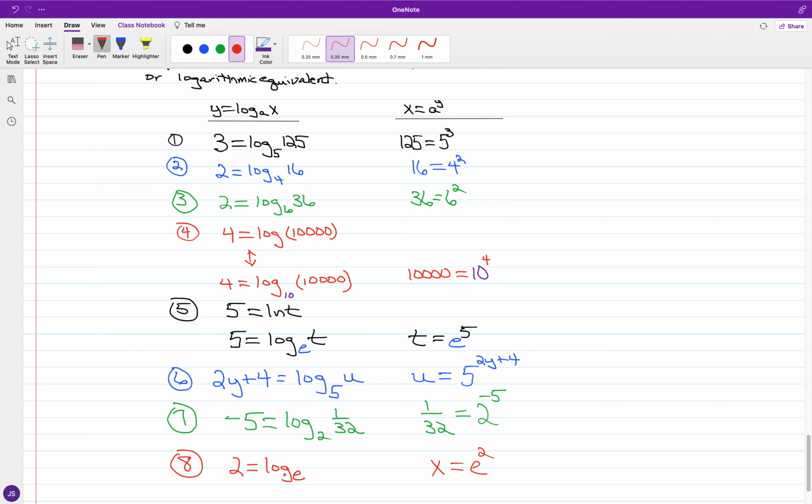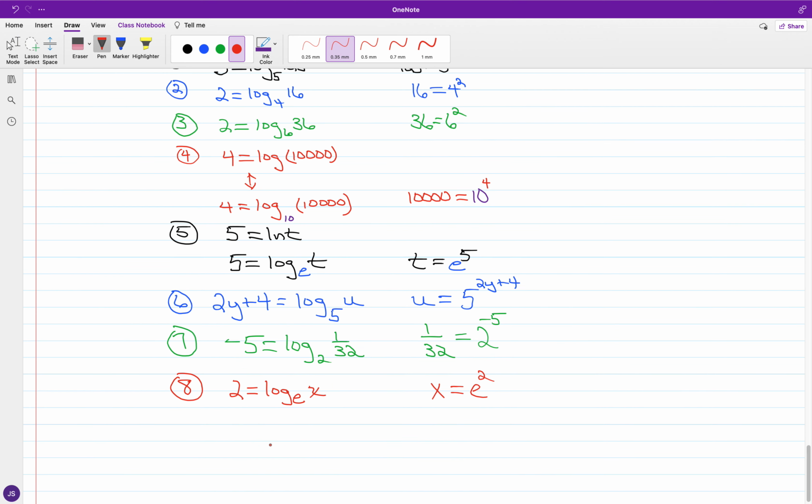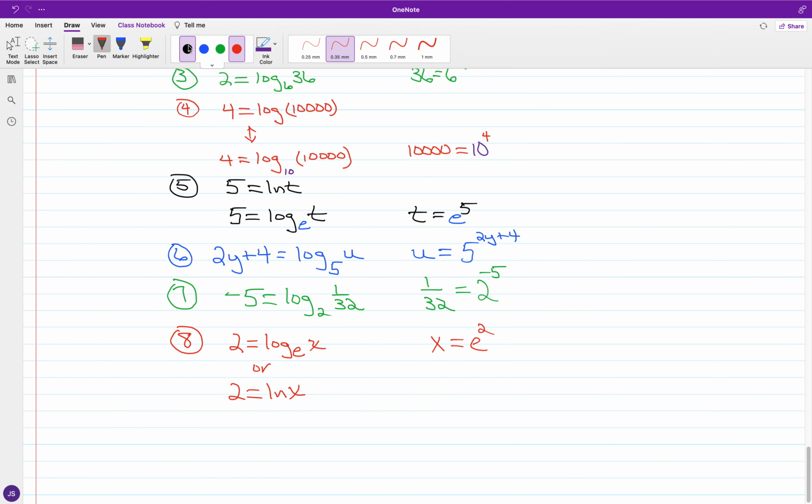So 2 is equal to the base e logarithm of x. And you can also write that as 2 is equal to the natural logarithm of x.